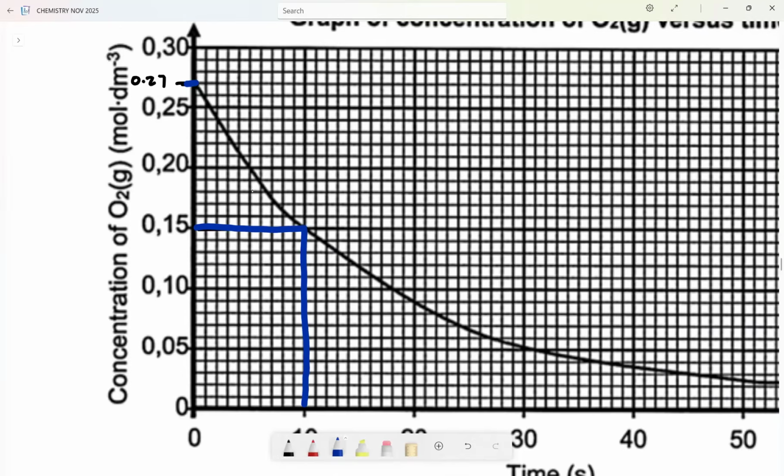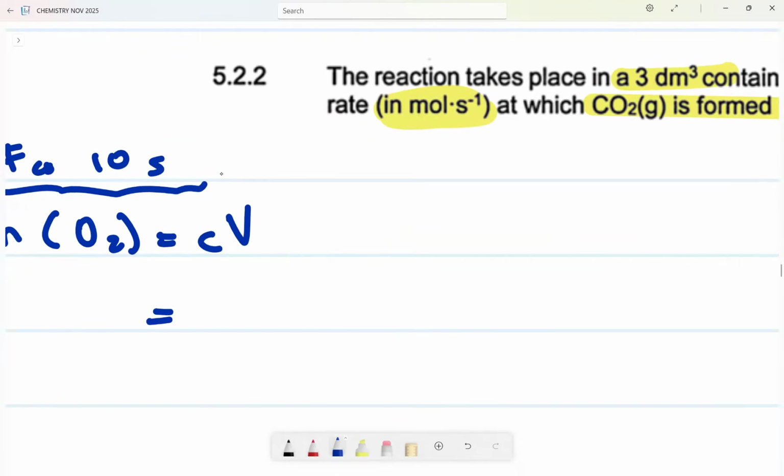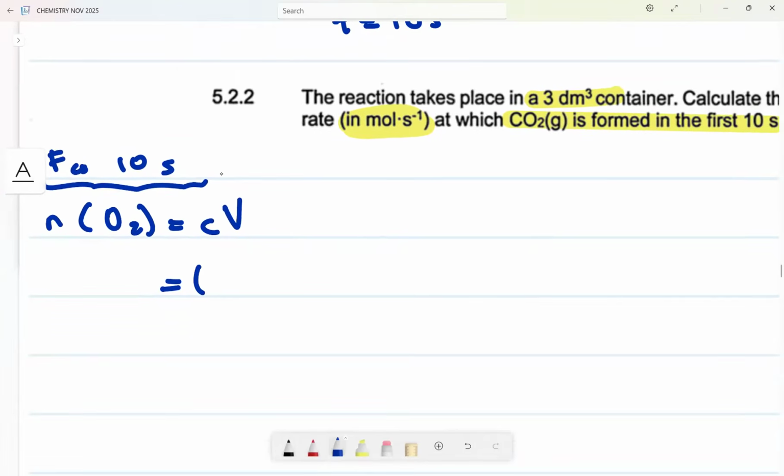So the concentration changed from 0.27 to 0.15, and then you multiply by the volume, which is 3 decimeter cubed. So you get that the change in number of moles of O2 is 0.36 moles.